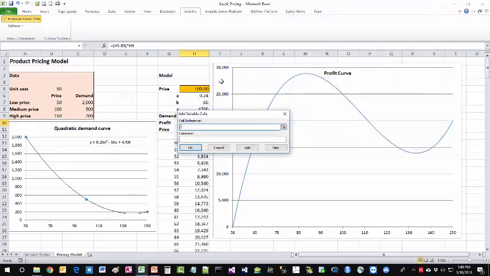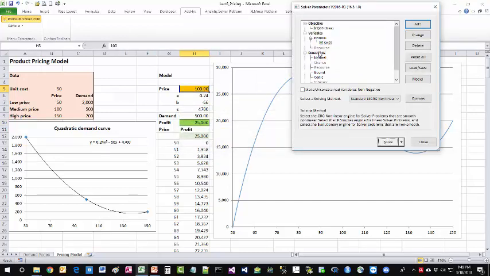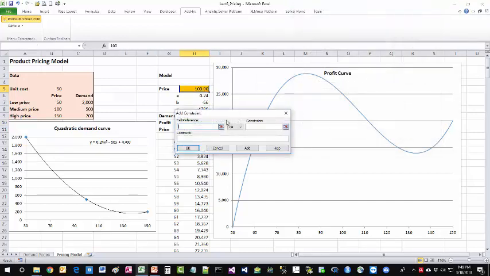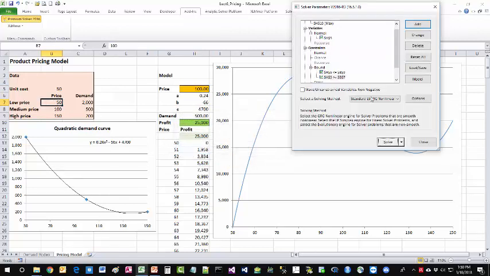The only variable is the price, which we want to change, and for the constraints we're going to add that the price must be less than $150, and the price must be greater than $50. So it's just that boundary range. You don't have to use the make unconstrained variables non-negative option because the only variable is the price, and it is non-negative because it's between 50 and 100.